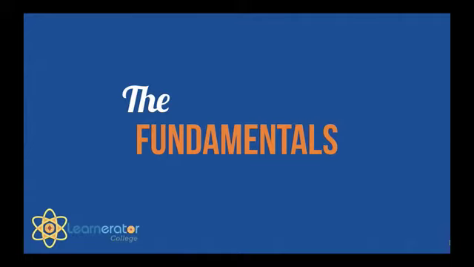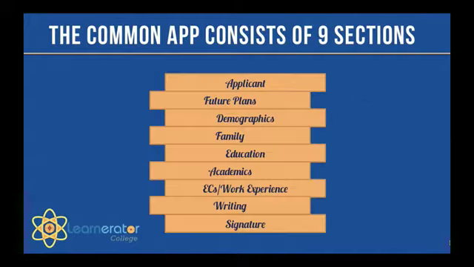Now I'm going to go into the fundamentals. I'm going to give you a brief overview in terms of what to expect when you create your account on the Common App site. To break it down, the Common Application consists of 9 sections. This year is actually a new year for the Common Application because they've revamped their website.